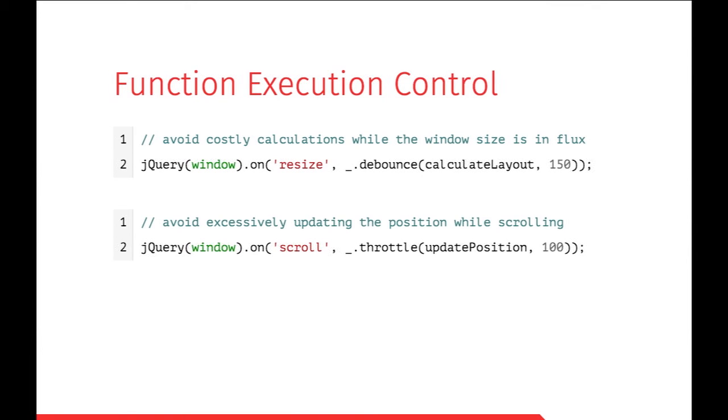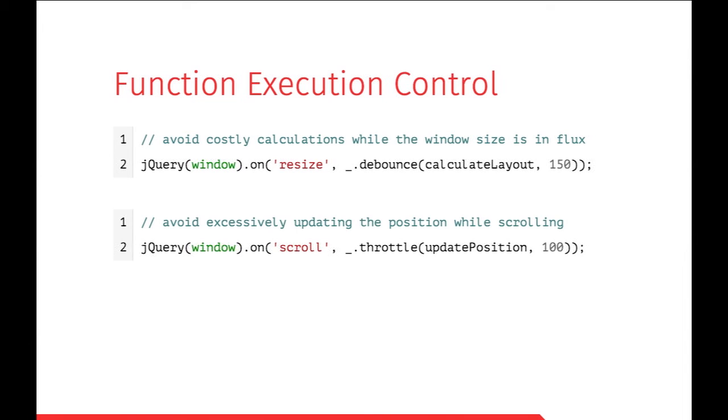So we can use a debounce method that would allow us to run the calculate layout function only once with an interval of 150 milliseconds. That is, the debounce function will wait for all resize events that are coming in fast.